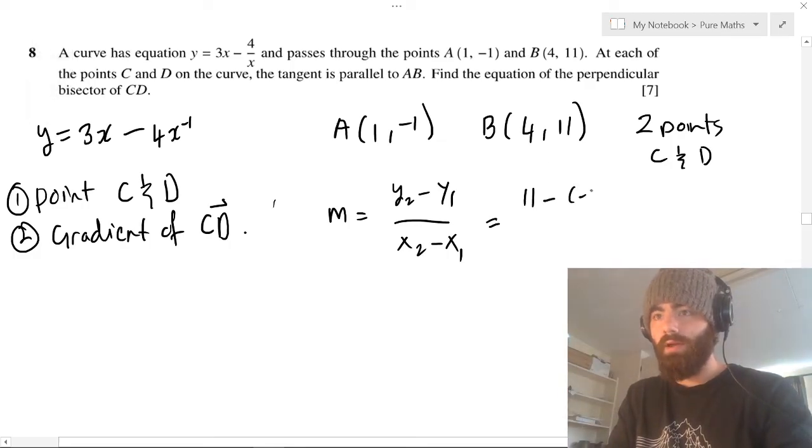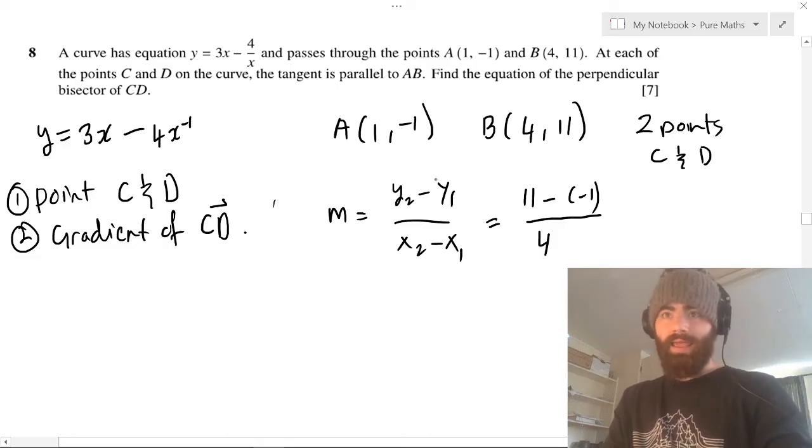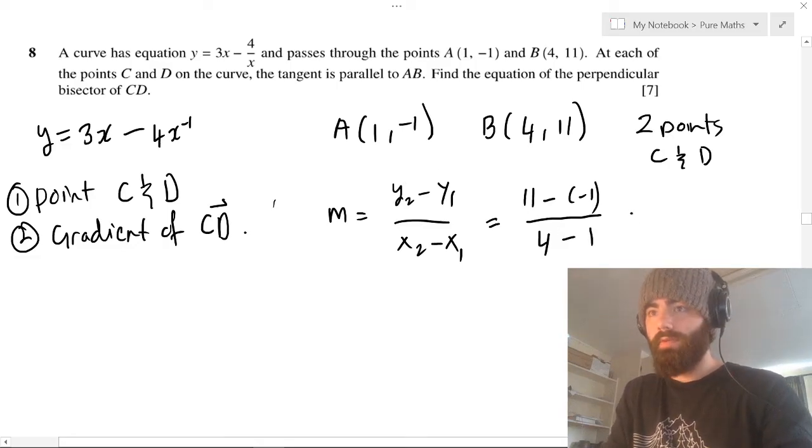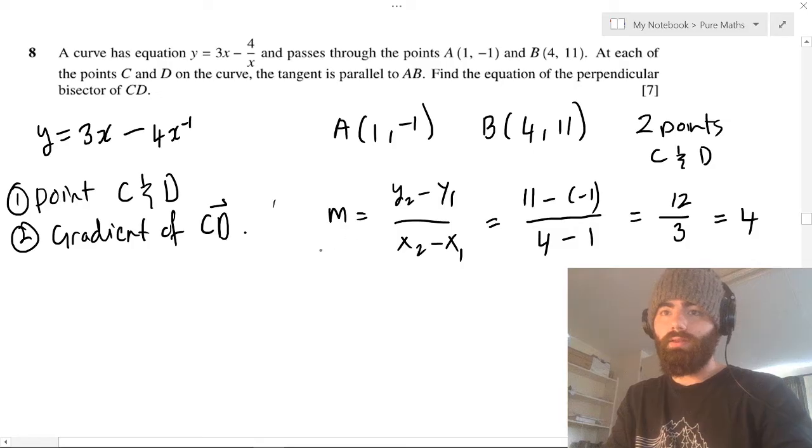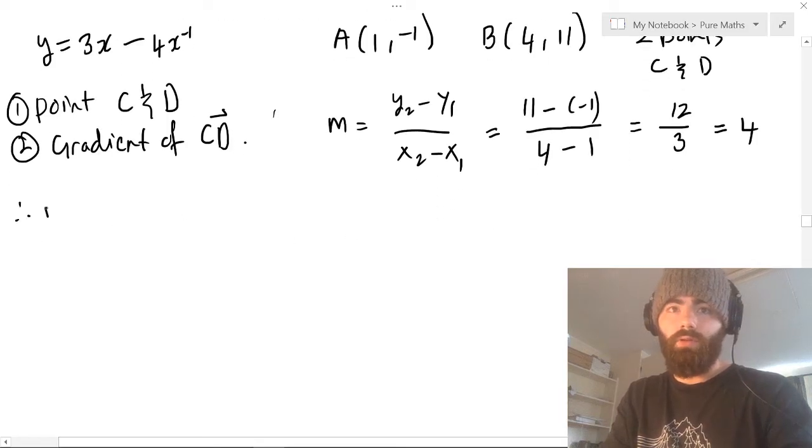So you're minusing minus 1 over x2, which is 4, and x1, which is 1. So this is 11 minus negative 1, so it's 12 over 3, which equals 4. So therefore the gradient of AB equals 4.